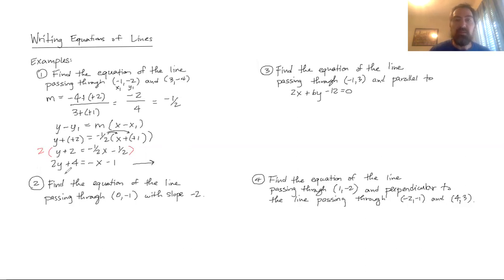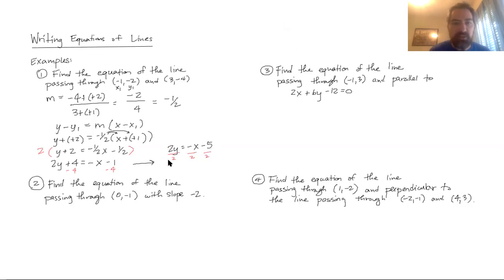Then I can write this in slope-intercept form by solving for y. I'm going to solve for y by subtracting 4 from both sides, which will result in 2y equals negative x minus 5. And then our last step, we want to get y by itself, so we can divide both sides by 2.